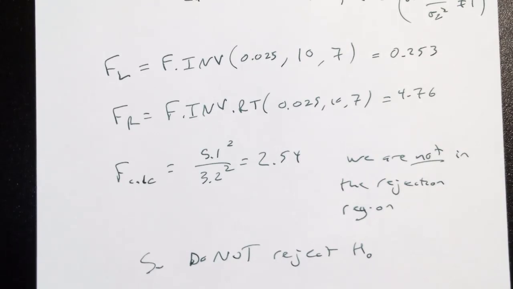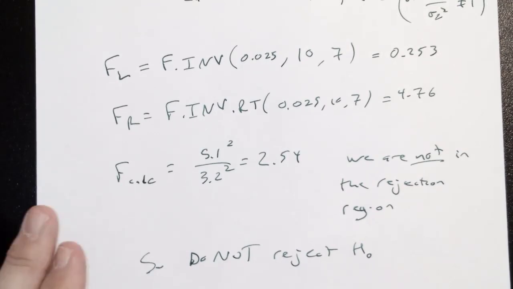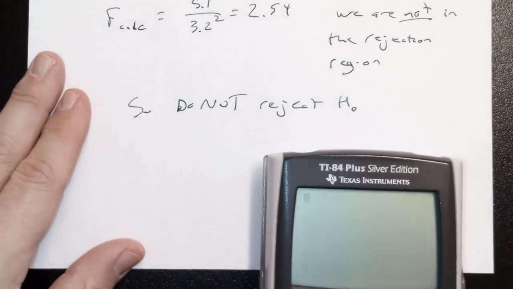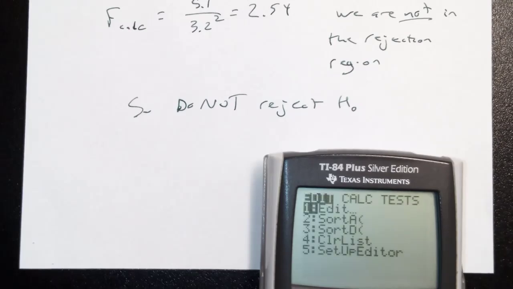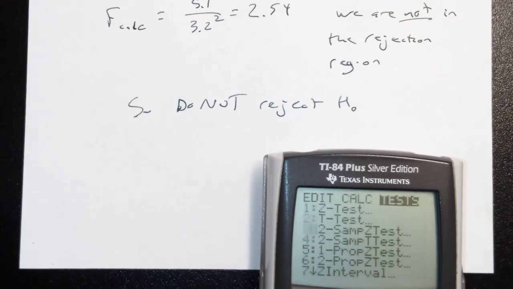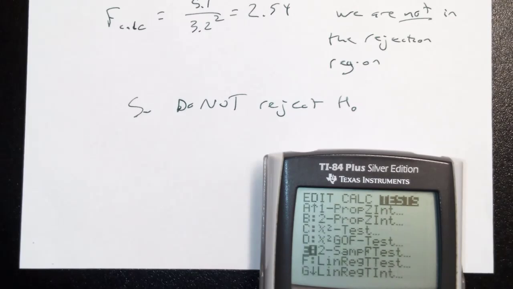Again, given summary statistics, I can do this on my calculator. So let me walk through the same idea here. Under the stats button, that right column is the tests. So I go over to the tests and way down at the bottom, there's my F test.